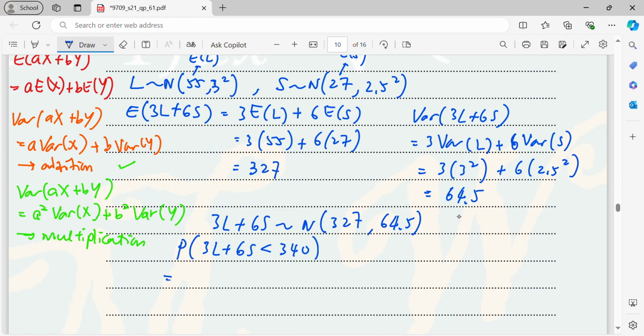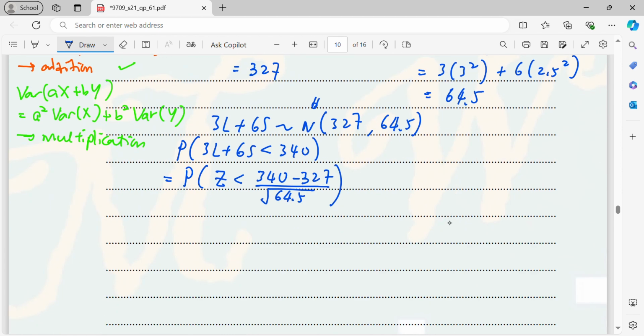So from here, since it is normally distributed, then we need to standardize it. So when I standardize, it will be 340 minus 327 over the square root of 64.5. Then from here, this is going to be P(Z less than 1.619).